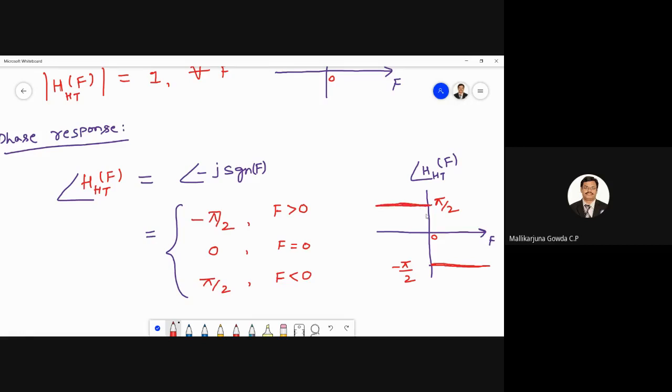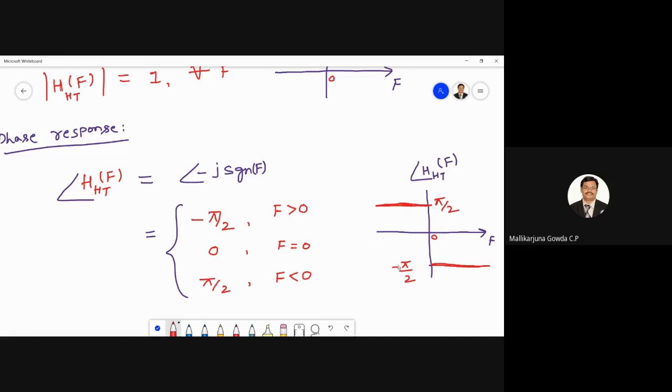Means for positive frequencies, when I pass a signal through a Hilbert transform, it provides a phase shift of minus 90 degree for positive frequencies of the input signal, and it provides plus 90 degree phase shift for negative frequencies of the input signal.